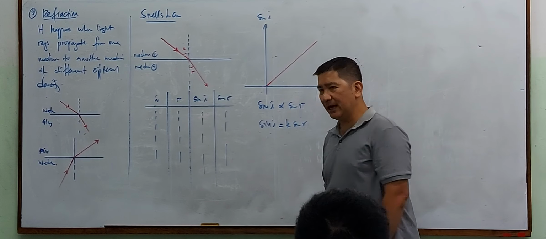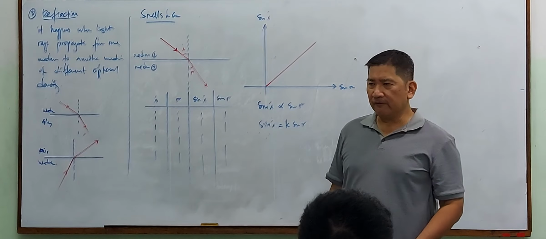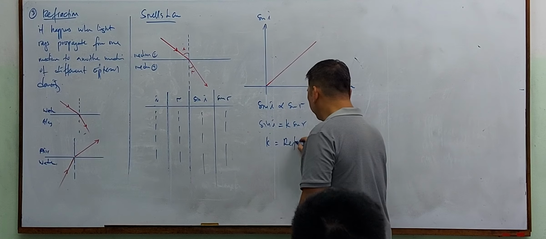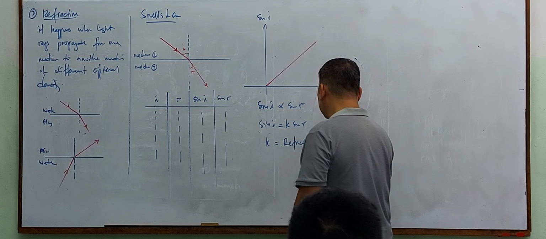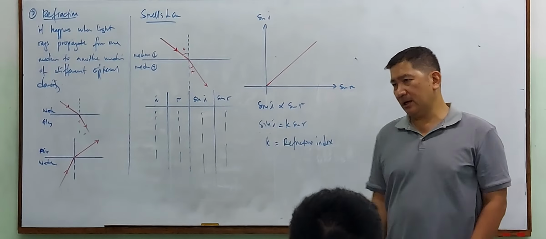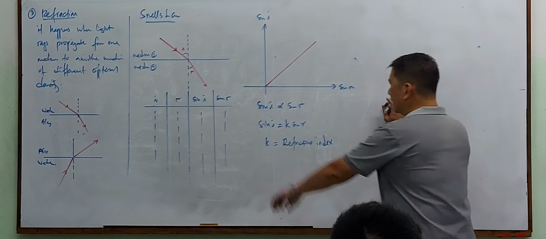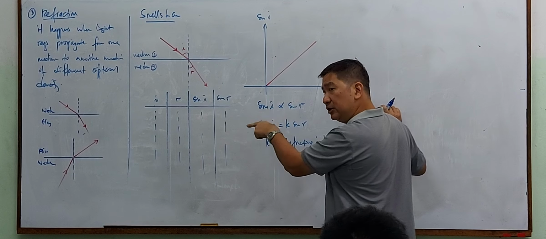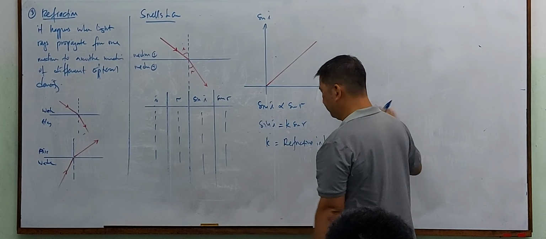That constant k is called the refractive index. But it's not that simple. This one is the refractive index of the second medium relative to the first medium.